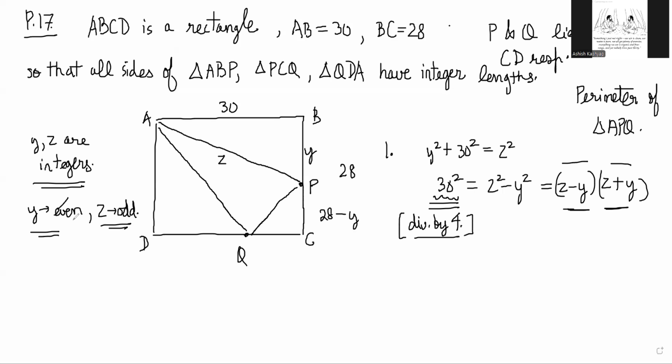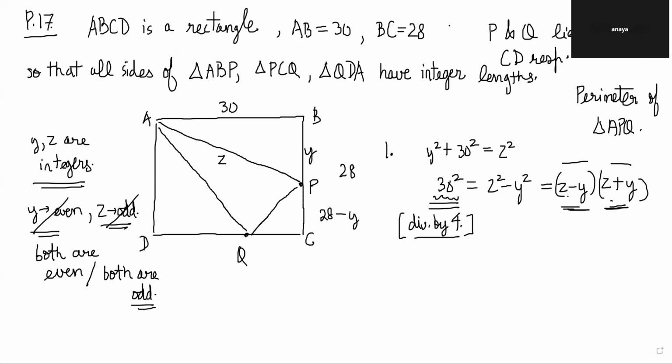But if both are even or both are odd, then the product of this will be even and even. These are the cases that will work, right? Okay, so right now, what else can we say here?